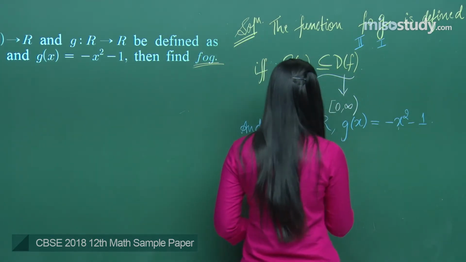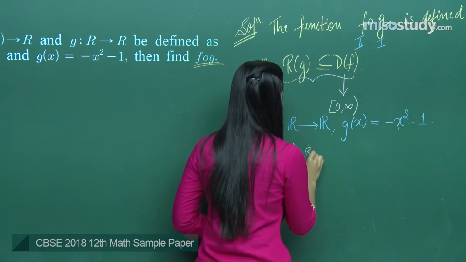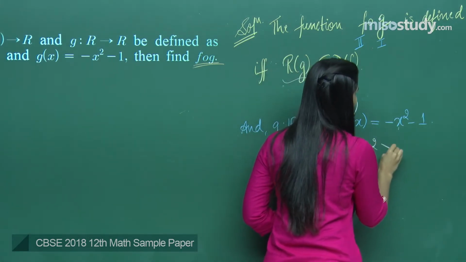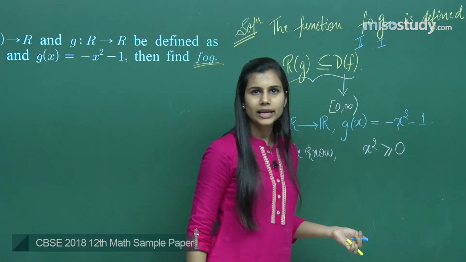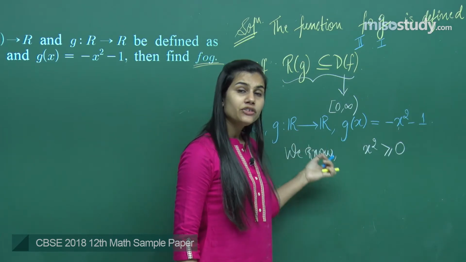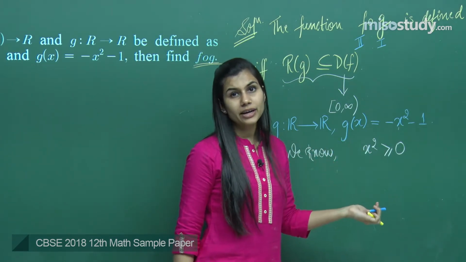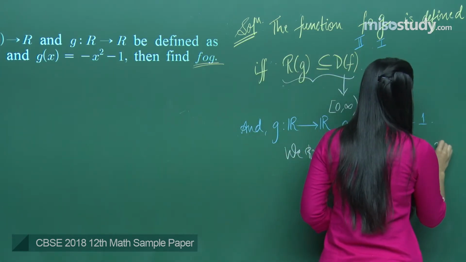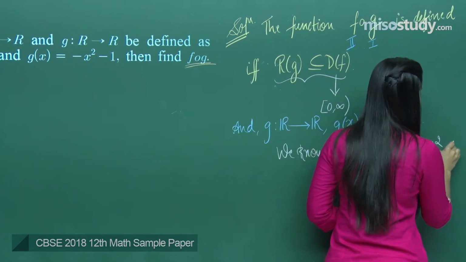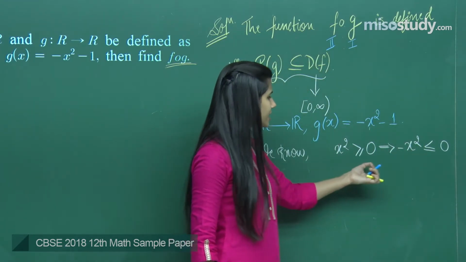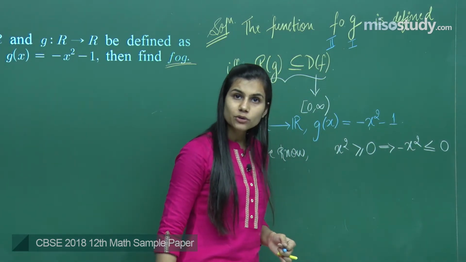So we know that x square is always non-negative, right? x is coming from all the reals, so the square of any real number is always either 0 or strictly greater than 0. It's always non-negative. So this means minus x square is less than or equal to 0. Obviously, if x square is greater than or equal to 0, minus x square is less than or equal to 0.